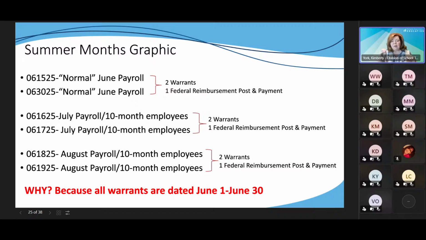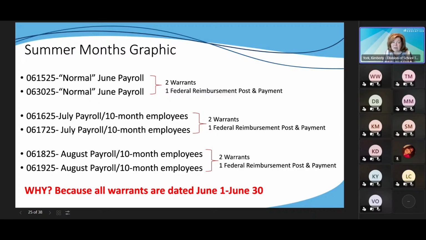Federal reimbursement runs on a month-to-month basis. So in June, you've got 2 warrants for your June payroll, and 1 federal reimbursement post and payment. The same thing for July: 2 warrants for your July 10-month, but only 1 federal reimbursement post and payment. Same thing for August: 2 warrants that represent your August 10-month, and 1 federal reimbursement post and payment.